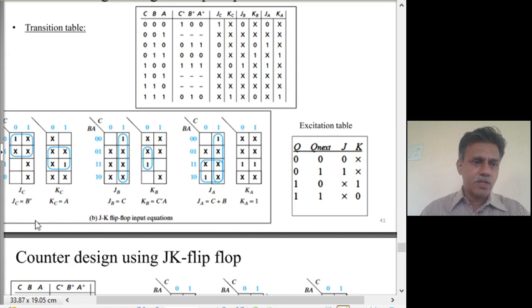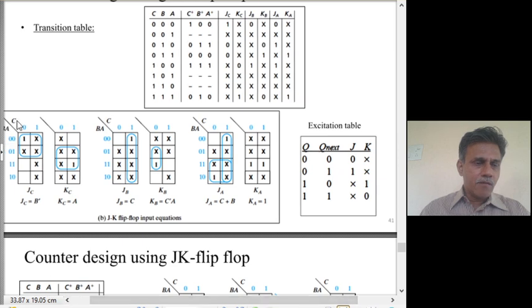This is the K-map of JC. Here we have C 0 and 1, B and A are given here. We have chosen it so that C, the most significant bit, is given here, so that the first 4 rows are zeros, second 4 rows are 1. That corresponds to the first column followed by the second column.